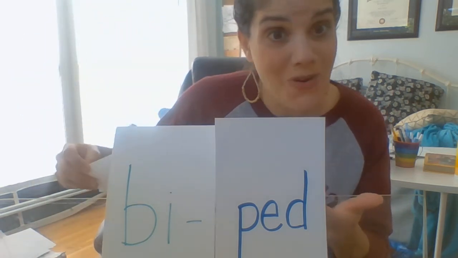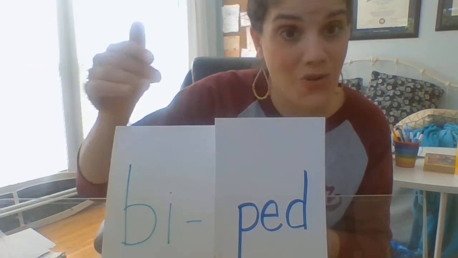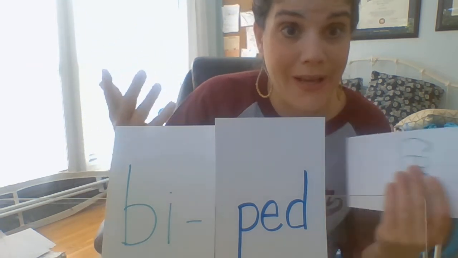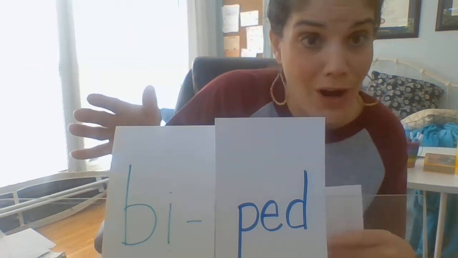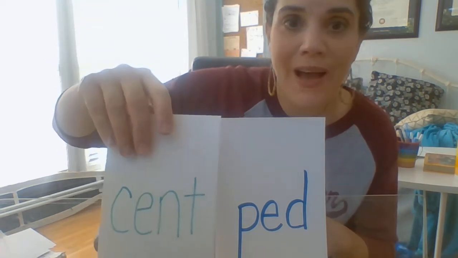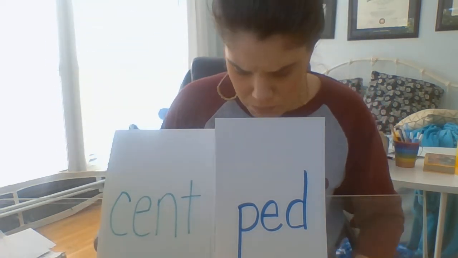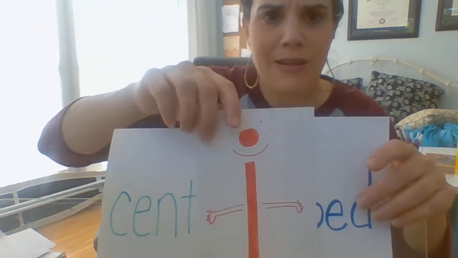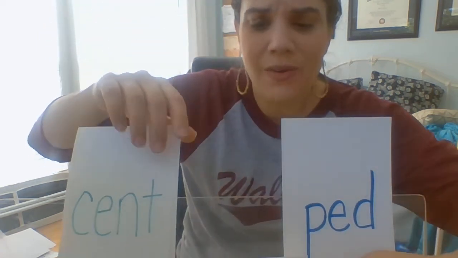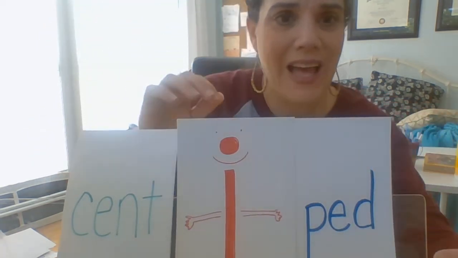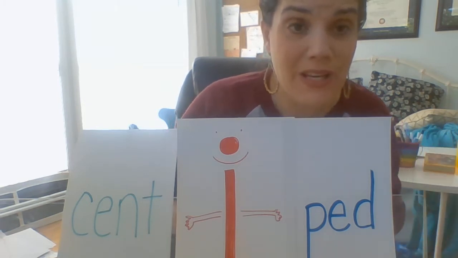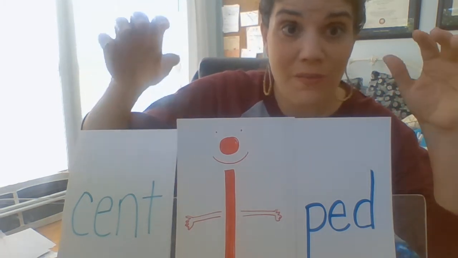So that's a biped. We can change our number prefix and see what else we can come up with. Well, quadruped. Quad means four. Quadruped would mean something walking on four legs. My dog is a quadruped. But how about this? I need my I again. How about a centipede? Now, I would have to add an E to the end here to make this a magic E, centipede, but it's all drawing from the same base.